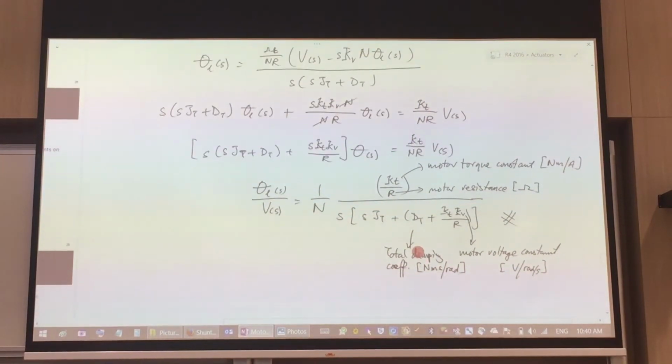This total damping is seen at the motor side. JT over there is your total inertia, in kilogram meter squared, again seen at the motor side.